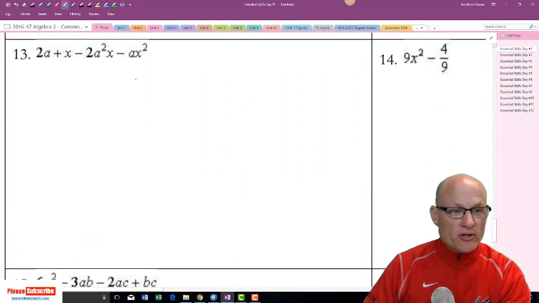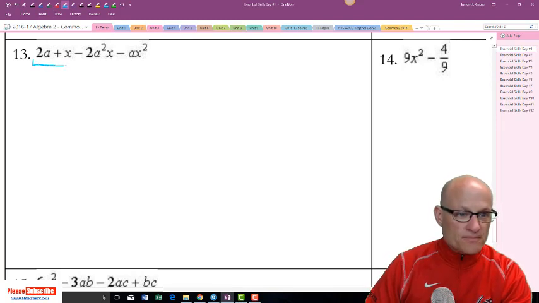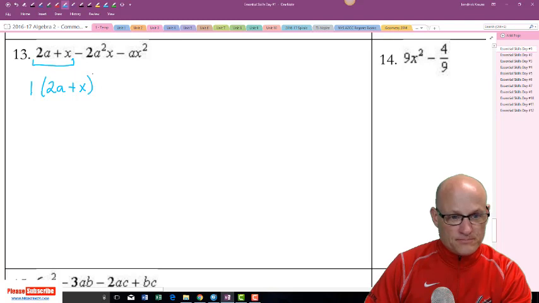We got another four-nomial. Is there a GCF? Ax, a squared. Nope. They all don't have an x, so I can't take a 2 out. So I'm going to group these first two, and I can only take out a 1. I'm left with 2a plus x. Copy over the sign, minus, group these two.